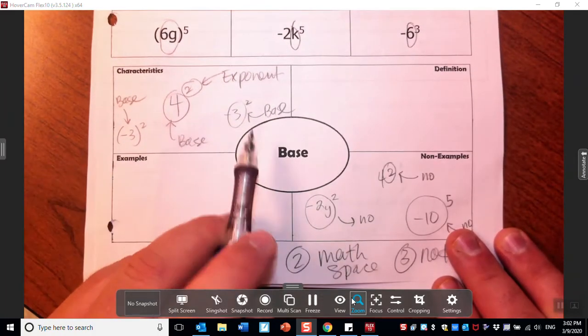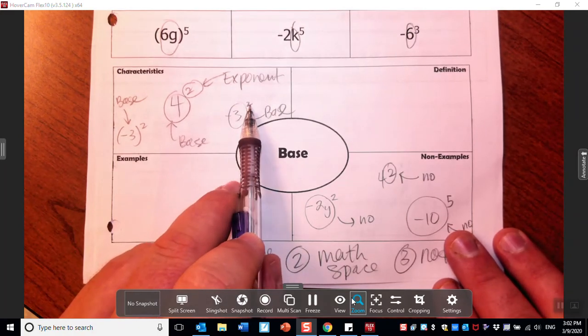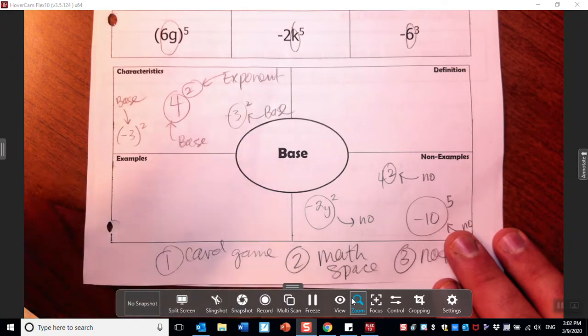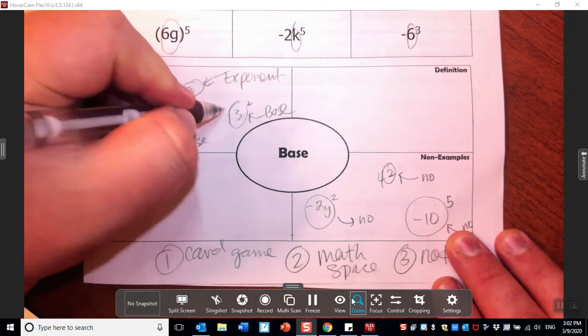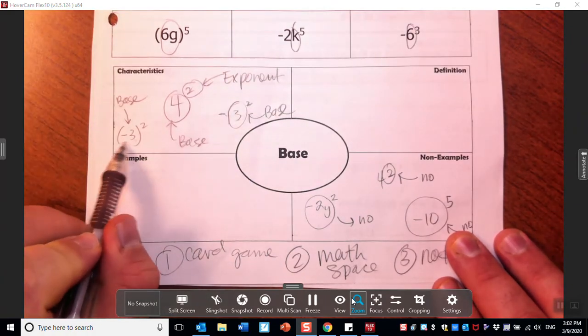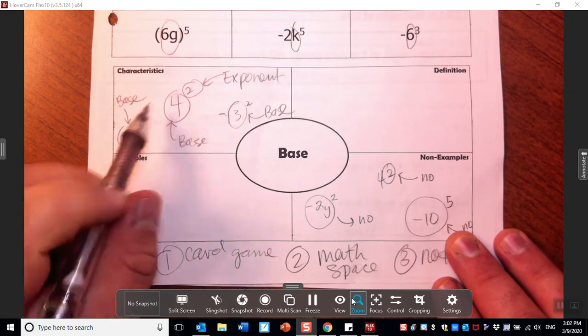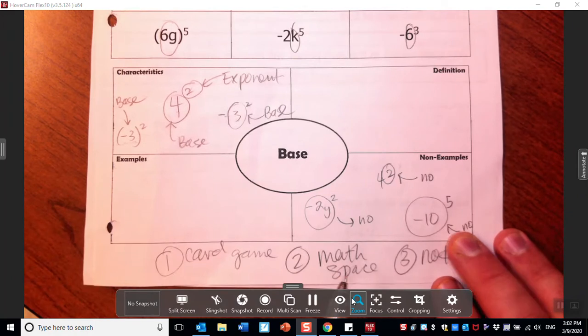So remember, the base is usually the number or letter connected with the exponent, but it does not include the negative symbol. So that negative is outside of the circle. The base can also be whatever's in the parentheses, and then the thing up to the right is the exponent.